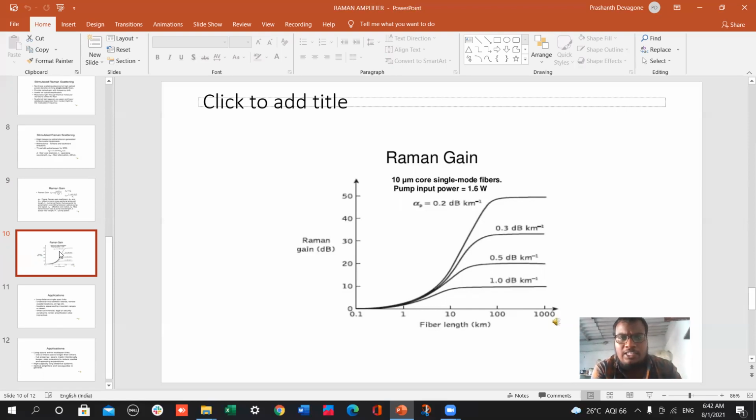Starting from the zero point, the gain increases to higher levels. In the first curve, it is 1.0 dB per kilometer, then 0.5 dB per kilometer, then 0.3 dB per kilometer. In the final curve, alpha equals 0.2 dB per kilometer.